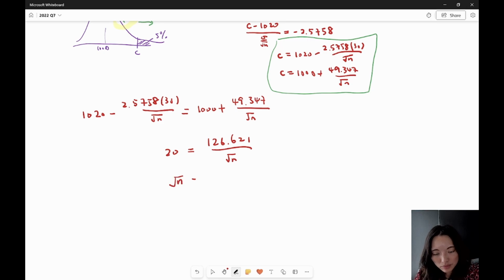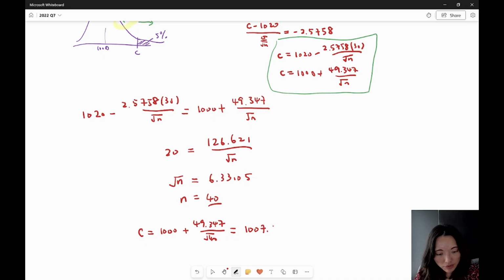So root n is 6.33105, and n is therefore 40, because n needs to be an integer. Now, with n equals 40, C is therefore 1000 plus 49.347 over root 40, which equals 1007.8. So these are our values of C and n.